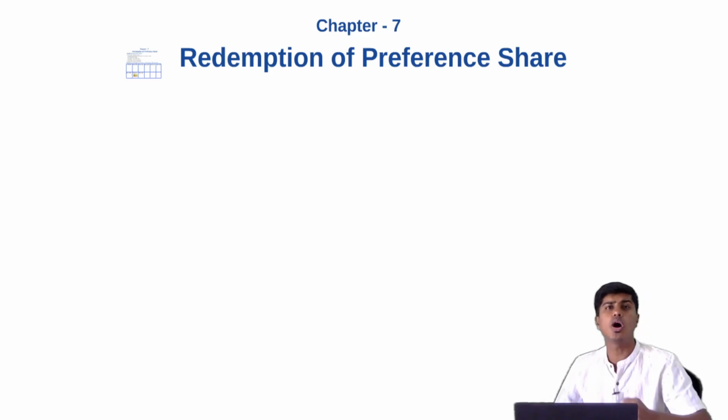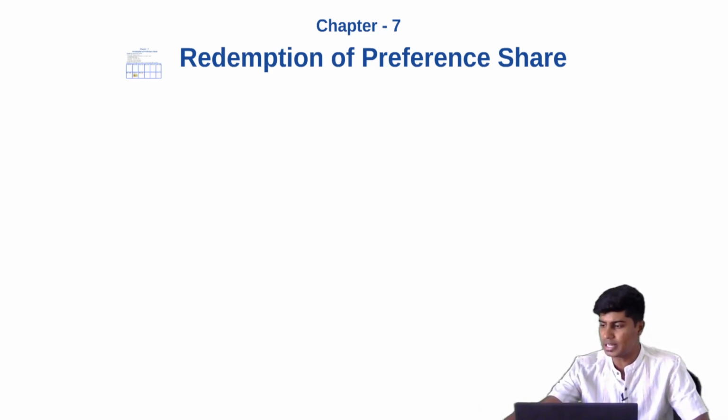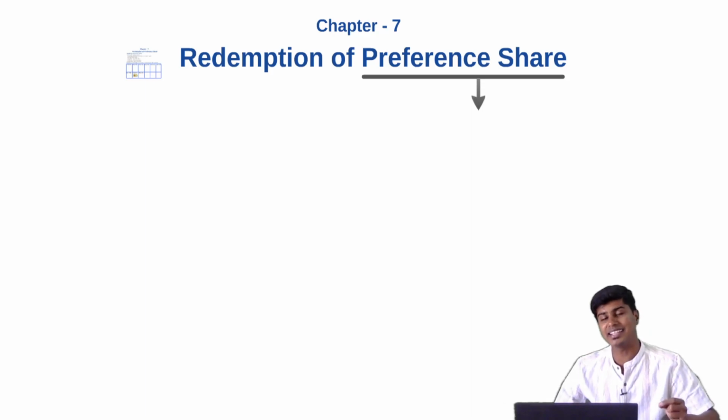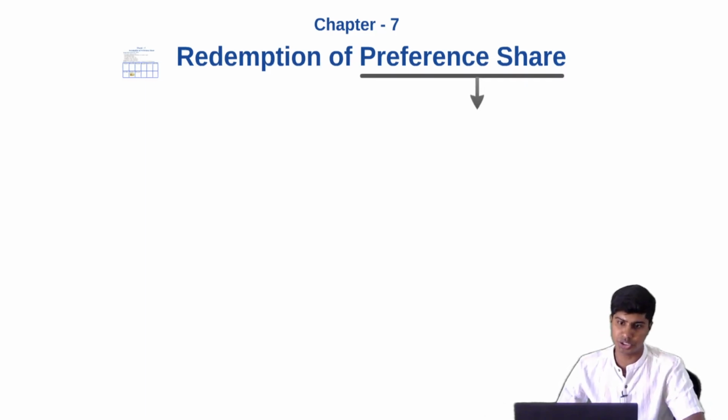Before we jump into how to redeem the preference shares, let's quickly understand what exactly we mean when we say the word preference share. Preference share is a share with preferential rights. The preferential rights are given in two circumstances. Circumstance number one is at the time of payment of dividend to shareholders. Second circumstance is at the time of repayment of capital to shareholders.